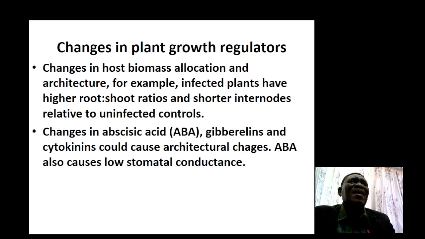For example, infected plants have higher root-shoot ratios and shorter internodes relative to uninfected controls. Changes in abscisic acid, gibberellins, cytokinins could cause architectural changes or changes in the structure of the plant. And again, abscisic acid can cause low stomatal conductance.